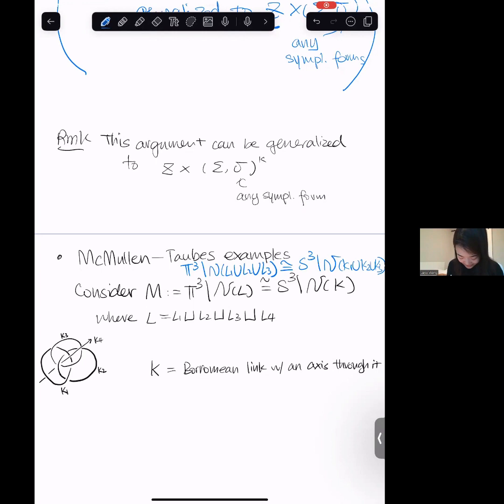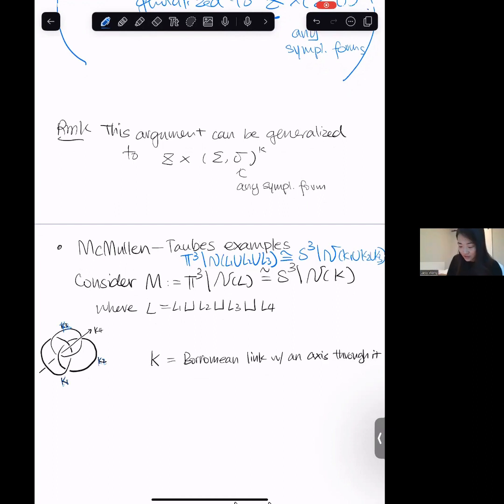The Borromean rings are these K1, K2, K3 components. That induces a diffeomorphism, sending the meridians of these Ki to the longitudes of the Li here.